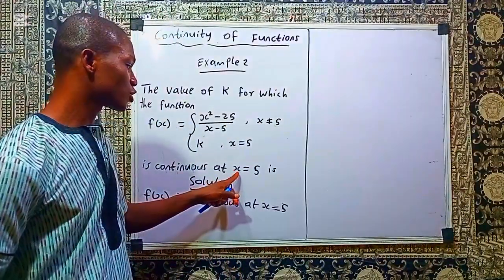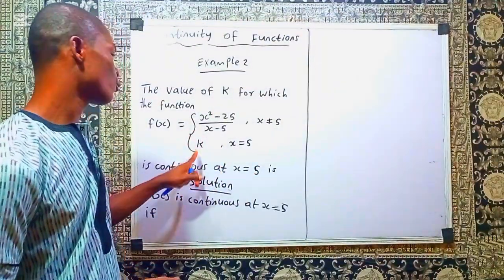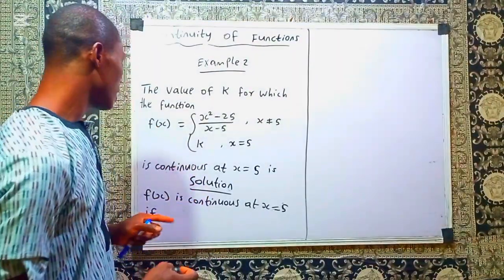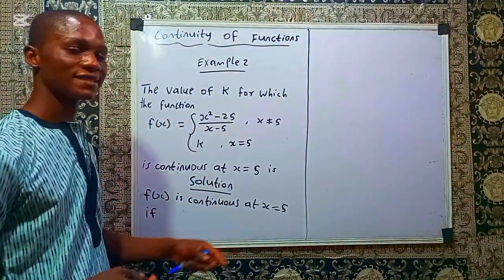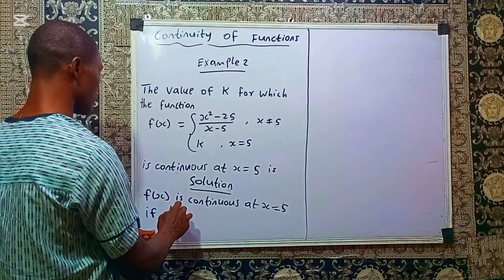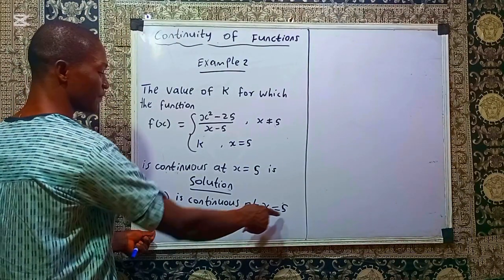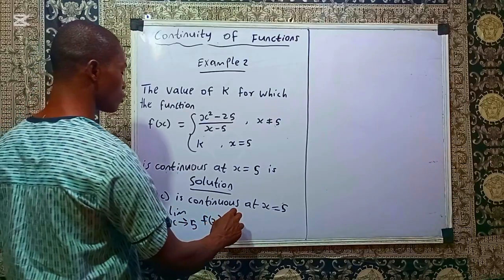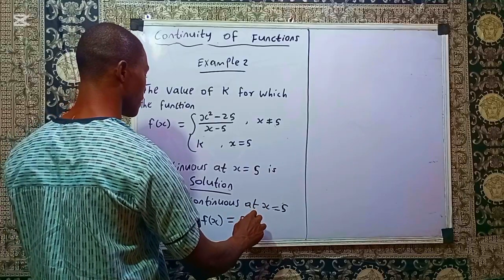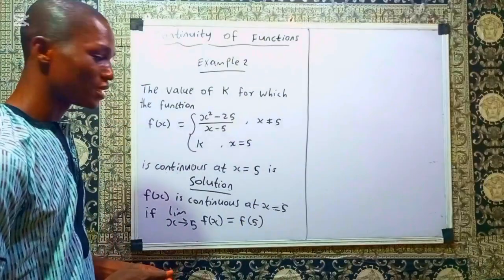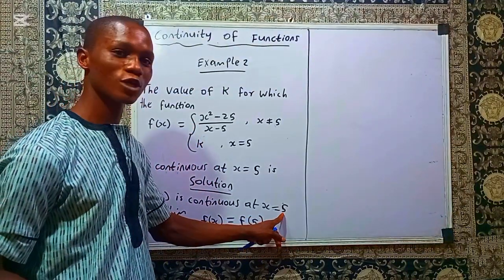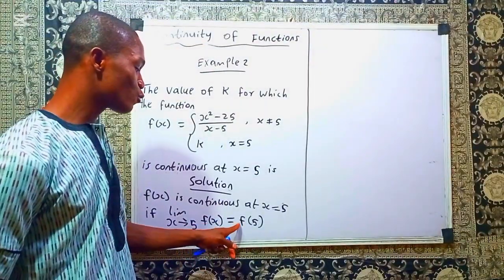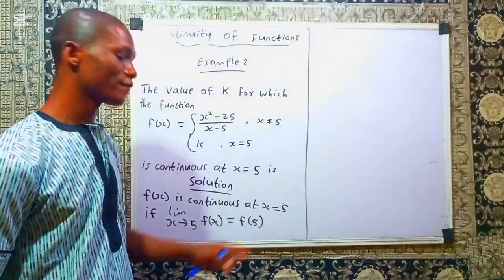We assume that this function is continuous at x equals 5, and we'll find the k that makes it continuous. So the function f of x is continuous at x equals 5 if the limit as x goes to 5 of f of x is equal to f at the point 5, the value of the function at that point.